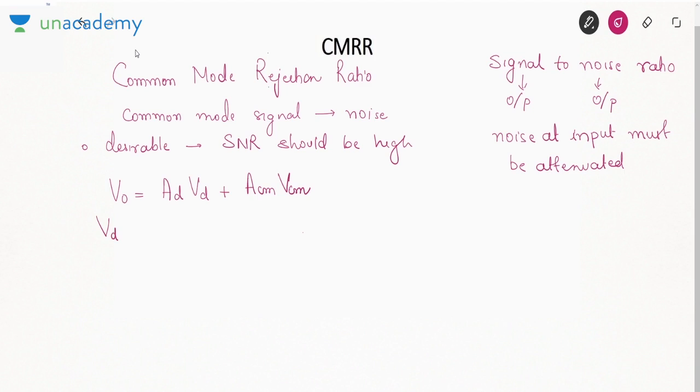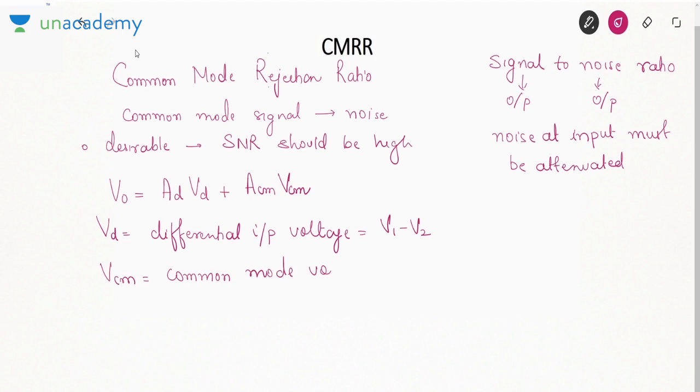This VD is called the differential input voltage. What is this differential input voltage? It is V1 minus V2. VCM is the common mode input voltage, which is basically the average of the two inputs, V1 plus V2 by 2. That is your common mode voltage.